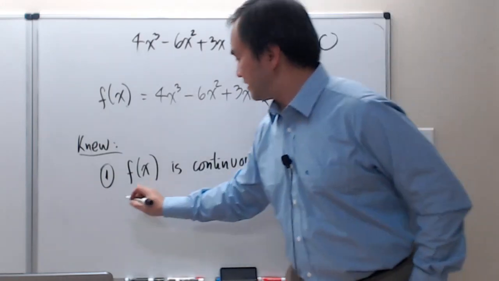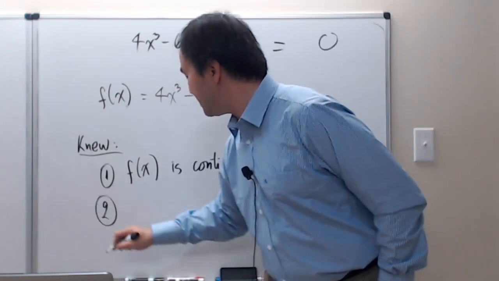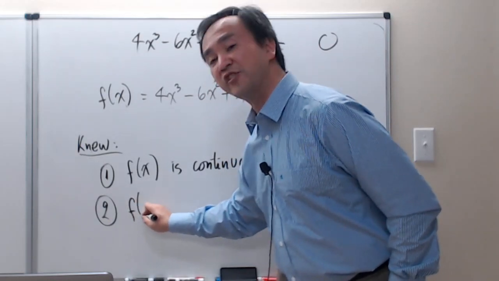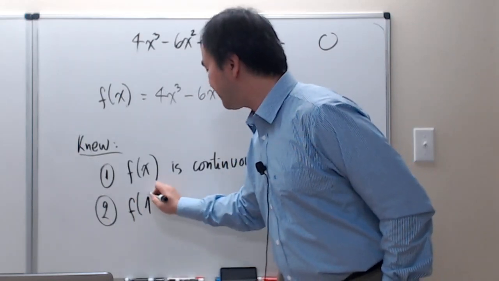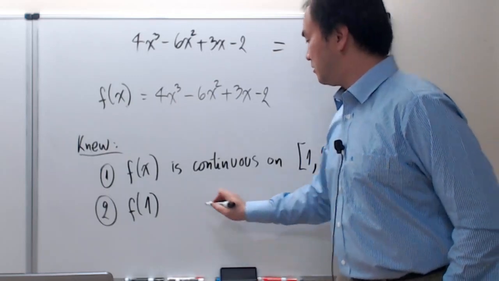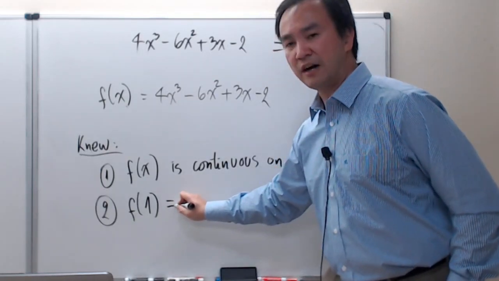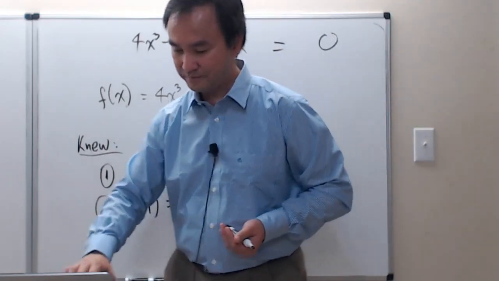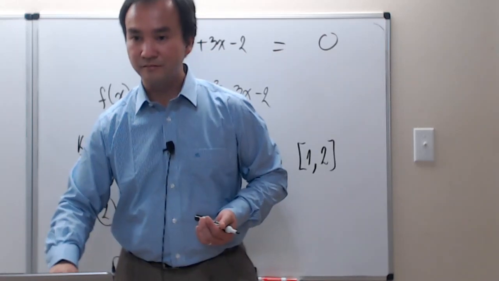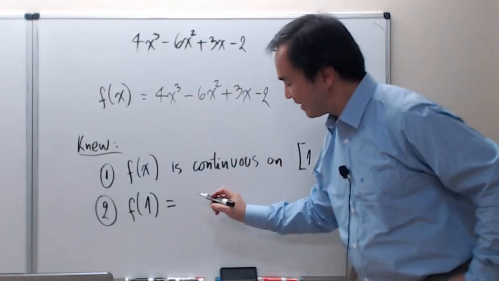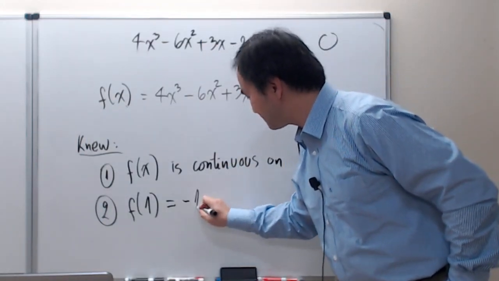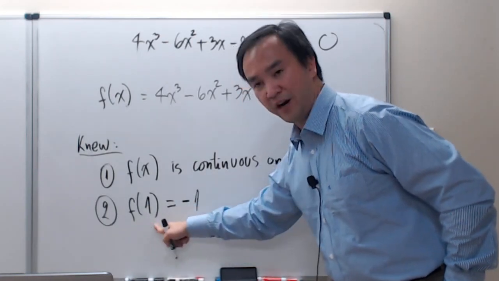Let's consider further. Let's find out what the function output value is on the left end of our interval. The calculation comes out to be -1 for f of 1.